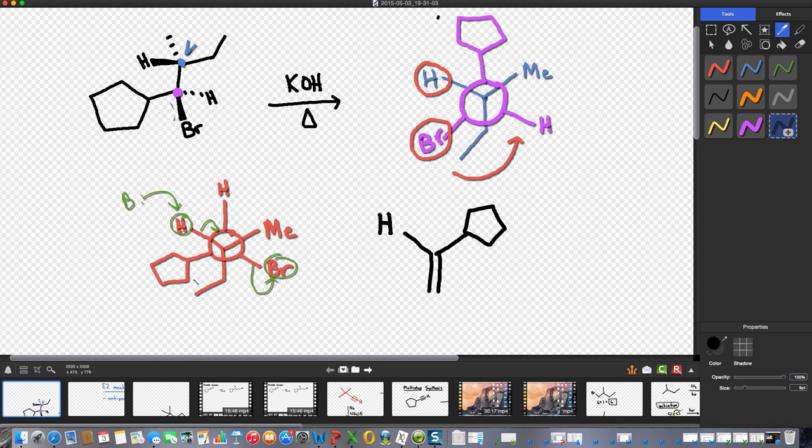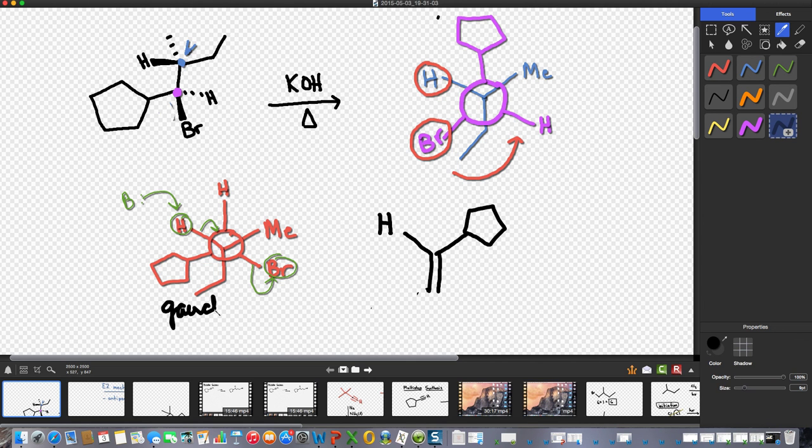Now, cyclopentyl is gauche with the ethyl group, which means the cyclopentyl and the ethyl group need to be trans. Excuse me, I messed that up. Not trans, they need to be cis. If they were anti, they would be trans. So once again, these two groups are gauche.